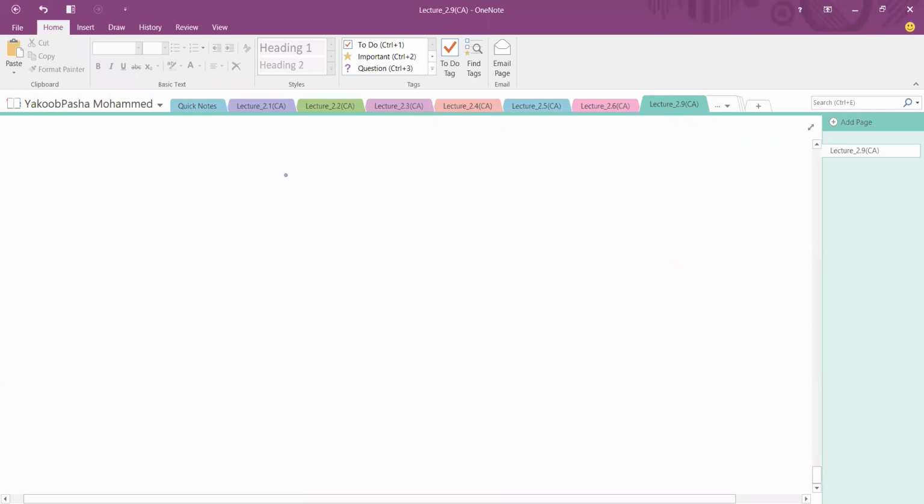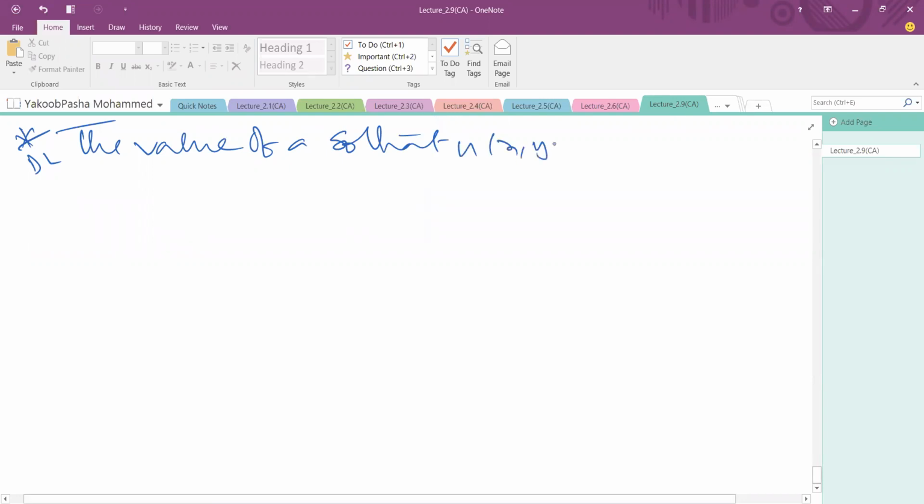Now I am taking another problem from DL. You can try this problem also. The value of small a, so that u of x comma y is equal to a x square y minus y cube plus xy is harmonic function.